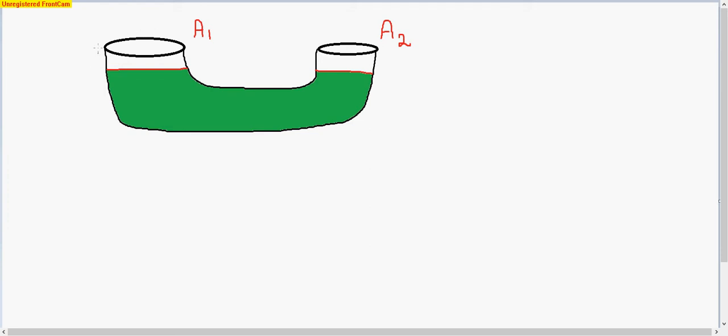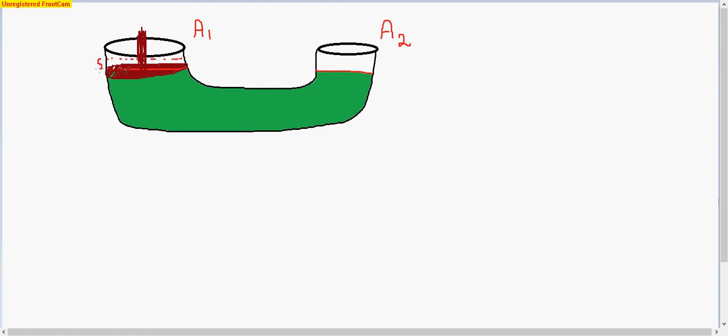Now assume that we have a piston over here. Imagine that the water level was actually from here, and the piston pushed it downwards.